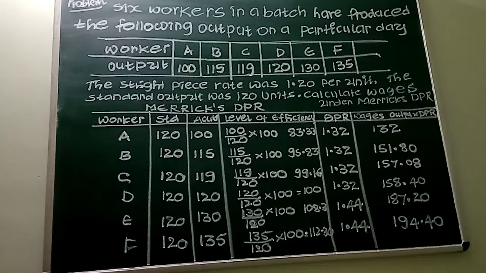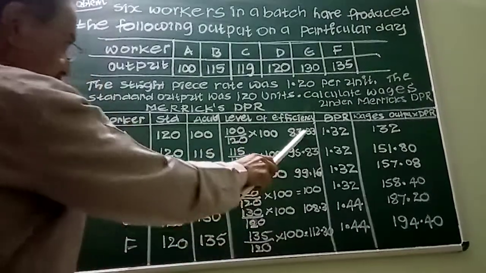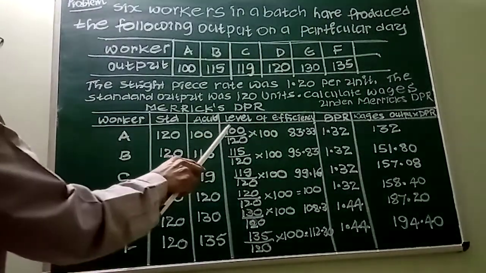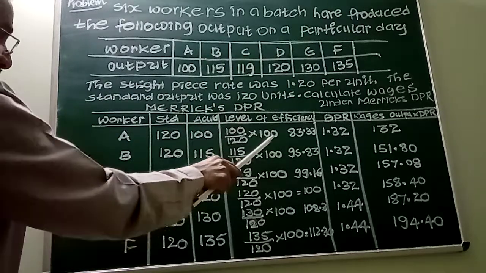So to sum up, again I will repeat. That's a very important thing. So standards are to be fixed, and we have to determine the level of efficiency. For finding out the level of efficiency, we use the formula actual output divided by standard output into 100.